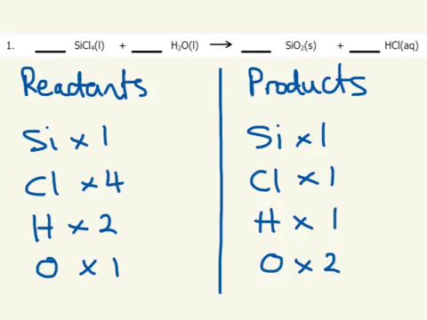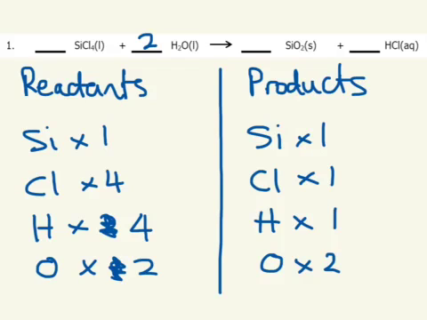Okay, first thing I'm going to try to do is see if I can even up the oxygen. I've got 1 oxygen here, but 2 over here. If I find where the oxygen is up here, I see that it's in the water molecule, and I know that if I put a 2 in front of the water molecule, that will change my number of oxygen to a 2, because I now have 2 water molecules, so in total 2 oxygen atoms, but it also changes my hydrogen to a 4.